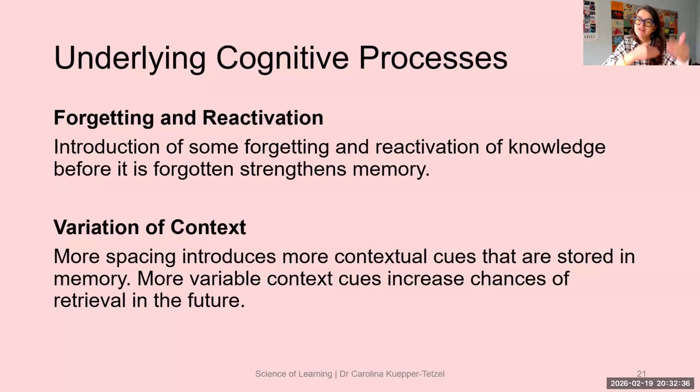And so we have very variable context information in our memory that we can match later on when we need it in the future, because then we have the match with the context when we need to recall it. So it's a bit complex, but it's about understanding how our memory works. One example of this is, I don't know if you have ever, you probably have, experienced when, let's say you are in the living room, right?